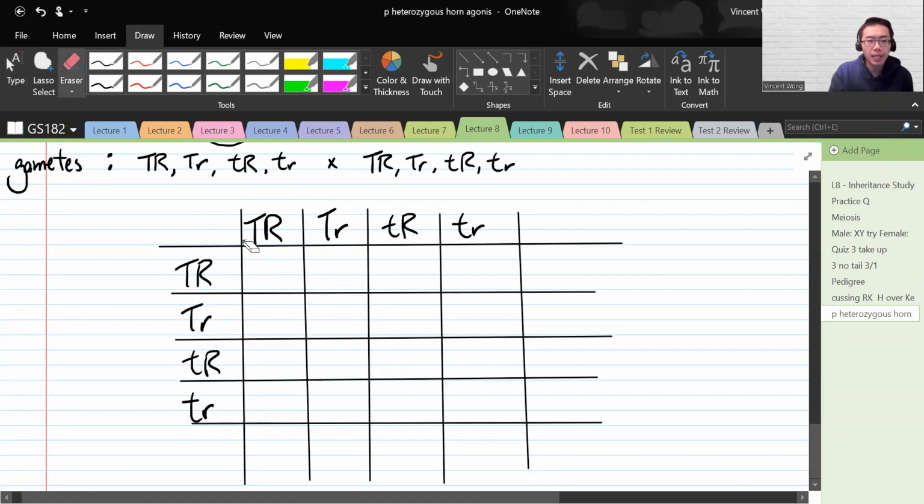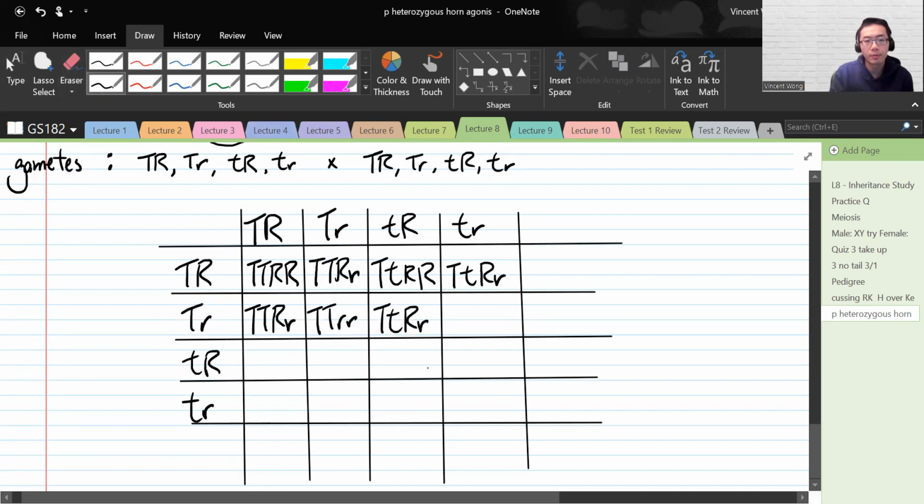So if this fertilizes with that, we're gonna have big T, big R, big R. You take this one and this one, combine it, we will have big T, big R, small r. We keep on repeating this process, and we will see all the various combinations. So again, over here, big T, small r combined with big T, big R. Big T, small t, big R, small r.